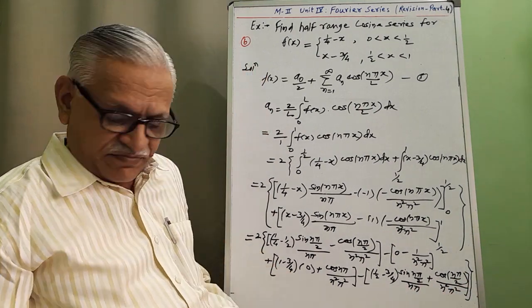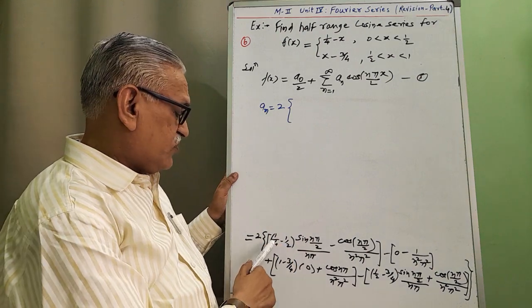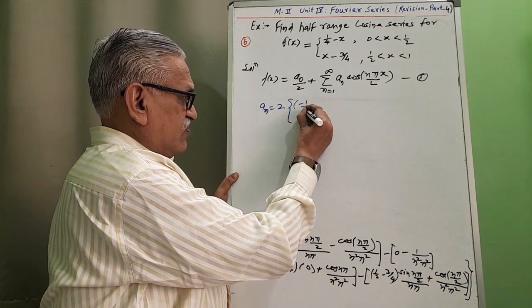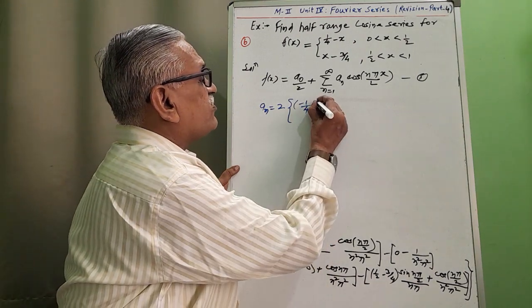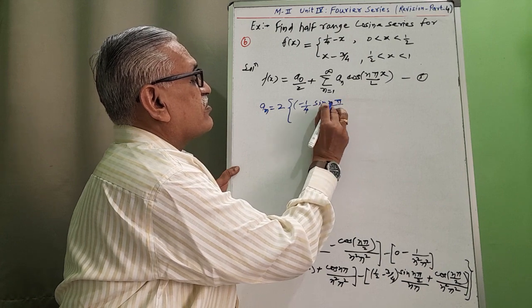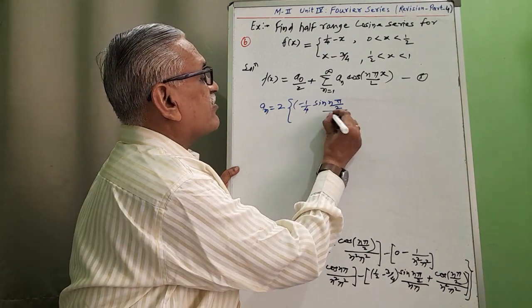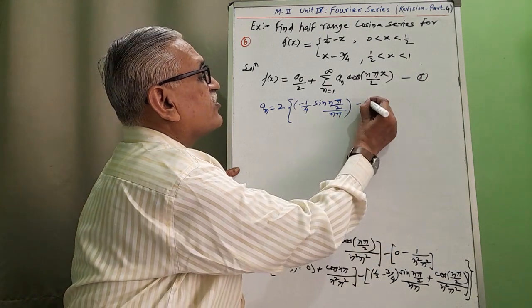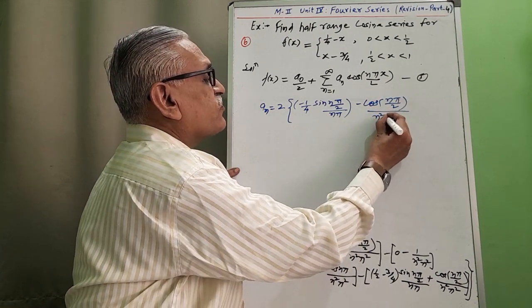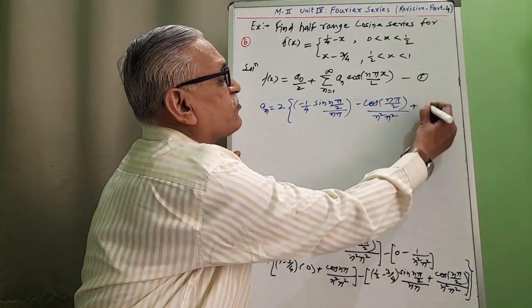And then simplifying it, we get an is equal to 2 times: 1 by 4 minus 1 by 2, 1 minus 2 minus 1 by 4 sin of n pi by 2 divided by n pi, minus cos of n pi by 2 divided by n square pi square, minus minus it becomes plus 1 by n square pi square.